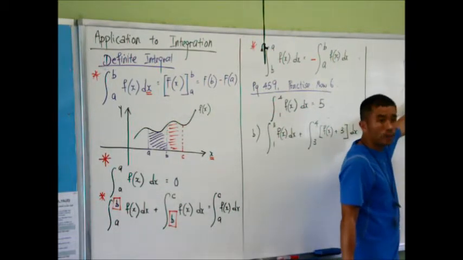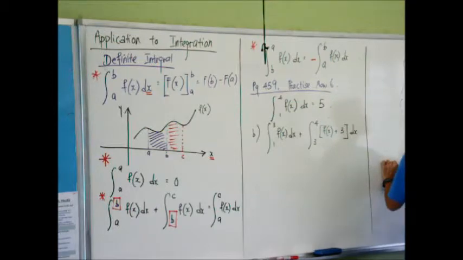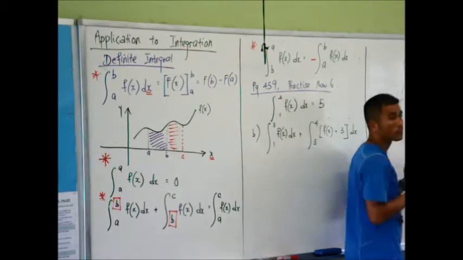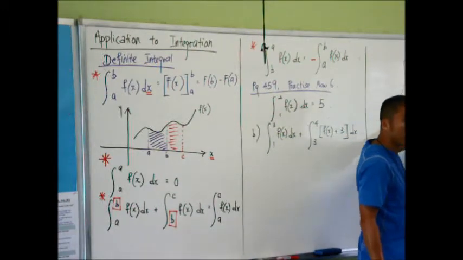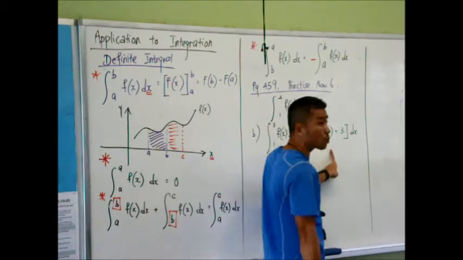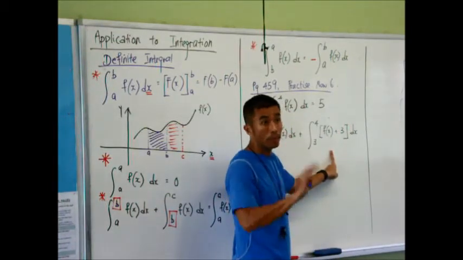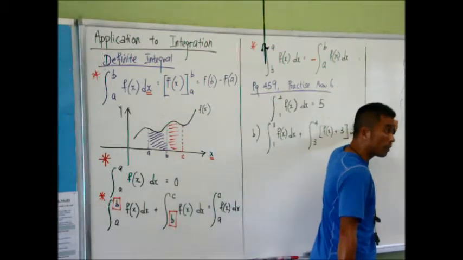If I were to integrate this, is it the same as integrating this one? Are we still integrating term by term? So can we adopt this concept into this question now? And the whole thing will be very simple.